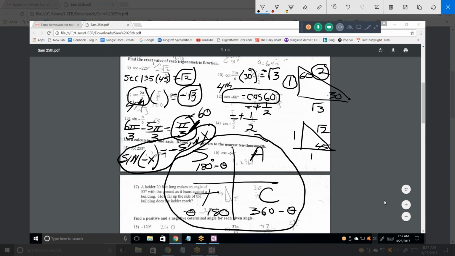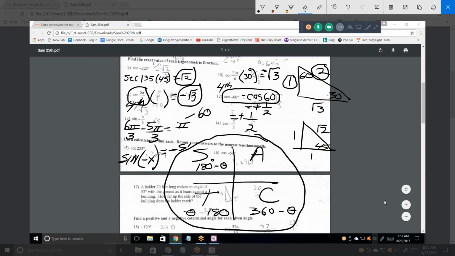If a function is even, then the case with the cosine applies. If a function is odd, and sine and tangent are both odd, then the trig function of a negative angle is negative the trig function of the positive angle. That's still the easier way to go, rather than converting all of these to these big angles.